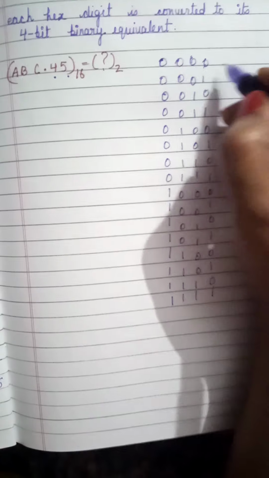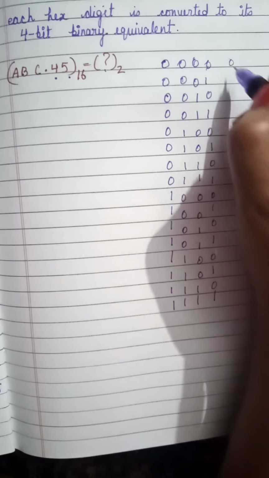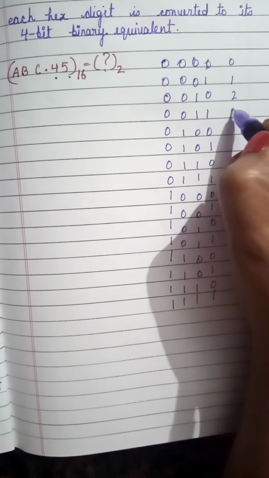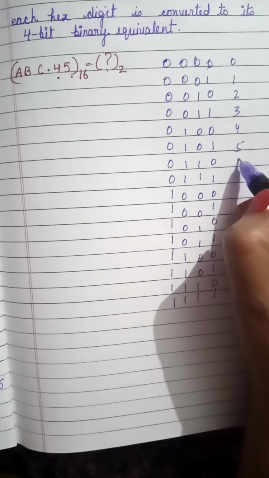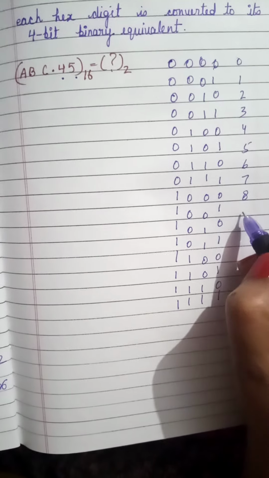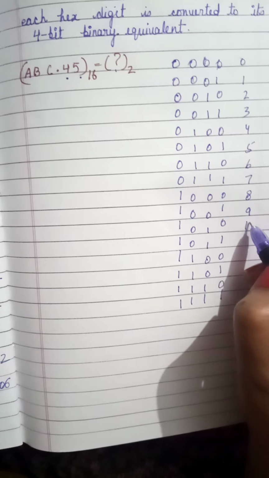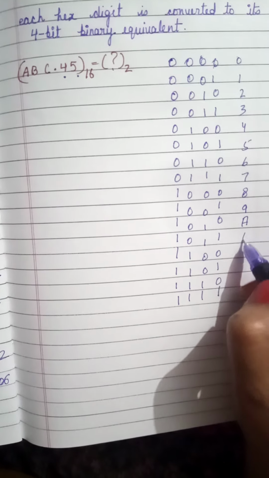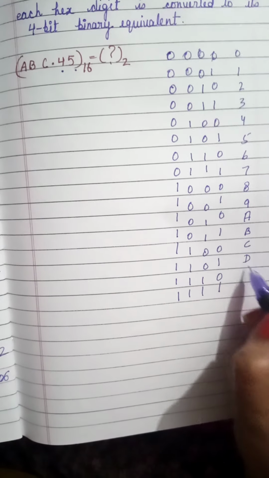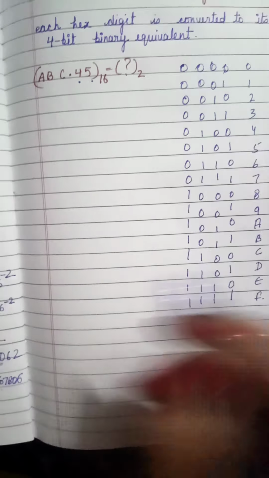And write down the corresponding equivalent hexadecimal numbers: 0 1 2 3 4 5 6 7 8 9, and from 9 onwards, instead of 10, A, B, C, D, E, F.